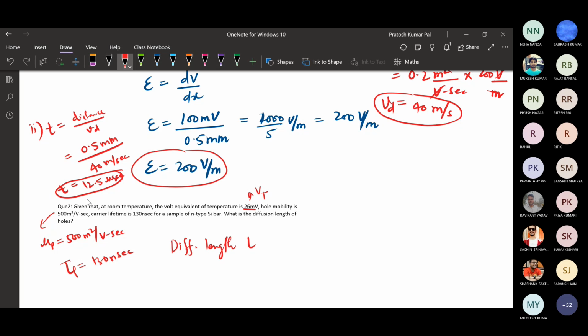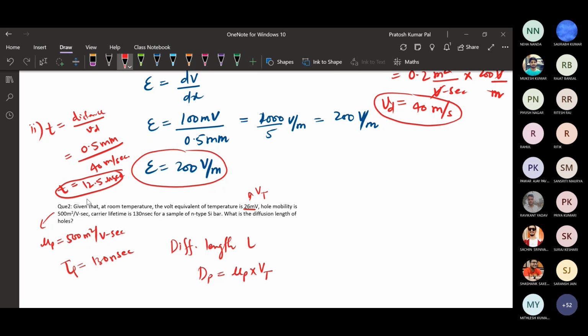To find the diffusion length, we need to find the diffusion coefficient, and the carrier lifetime is already given. The diffusion coefficient by the Einstein equation is given by Dp equals mu p into Vt.